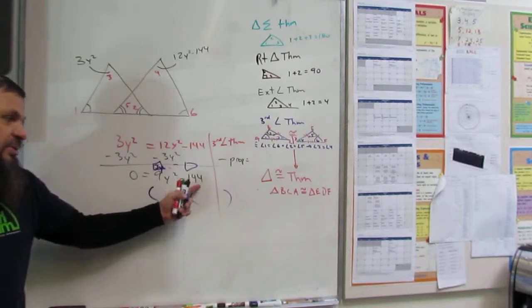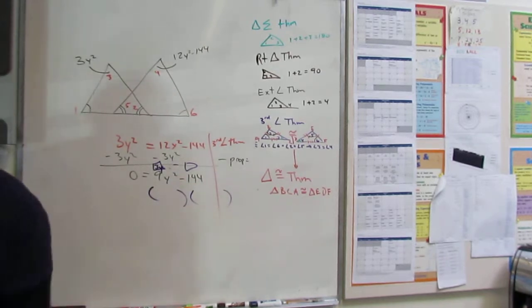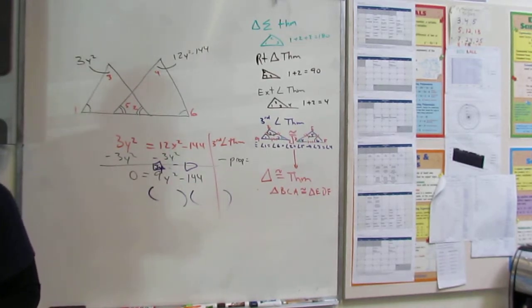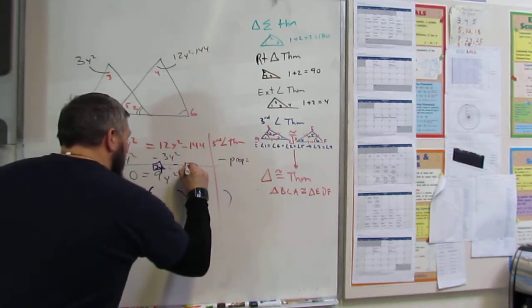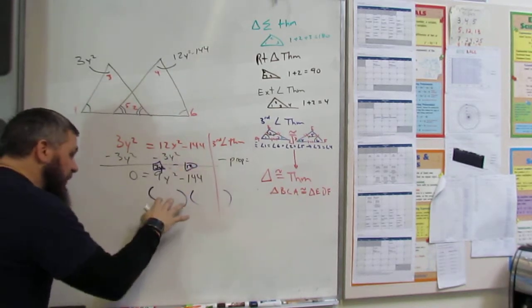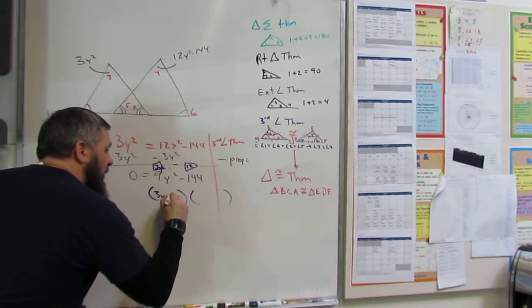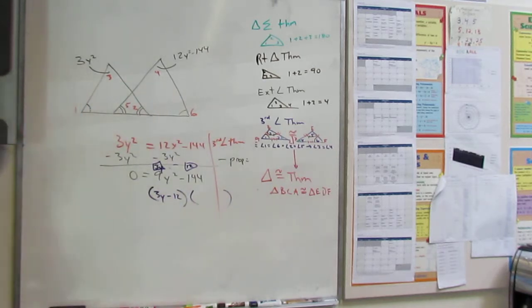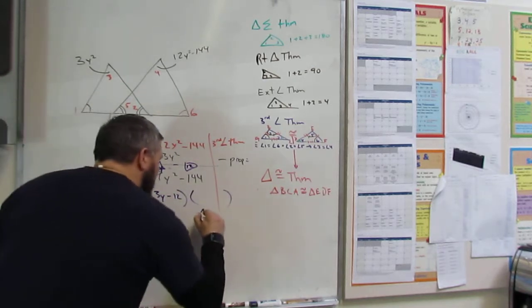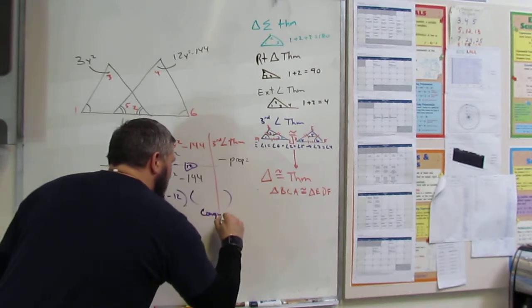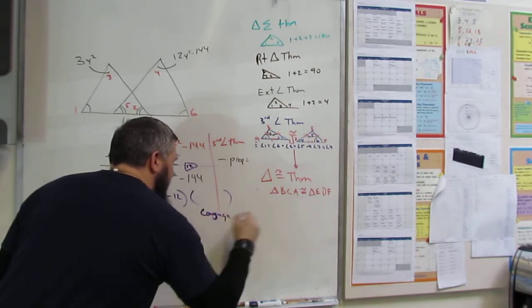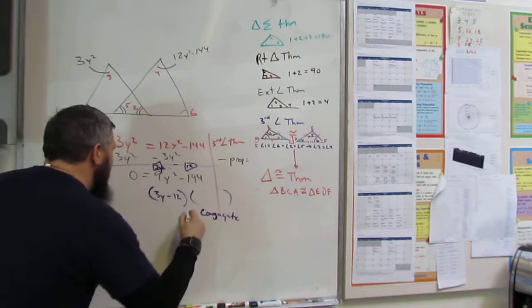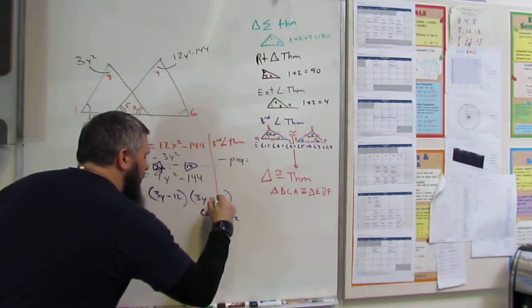What's the square of 144? 12. So we're going to take these two squares and put them down here. And then we're going to write the conjugate, which is the same thing but with a plus.